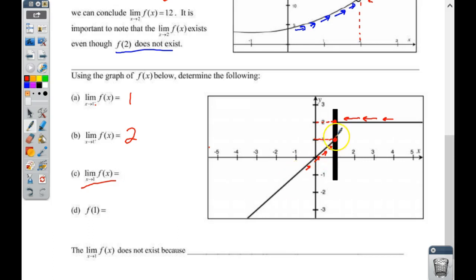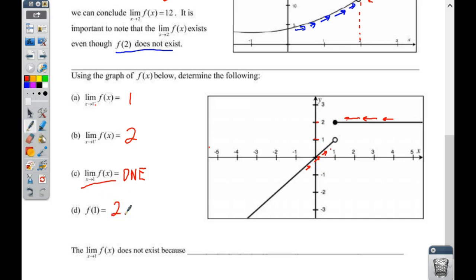You see, if I come from the left side, it's 1. If I come from the right side, it's 2. We don't know what that number should be. And if those two numbers are not in agreement, the left side and the right side, we say the limit here does not exist. Of course, you can see right here f of 2 itself is 2.